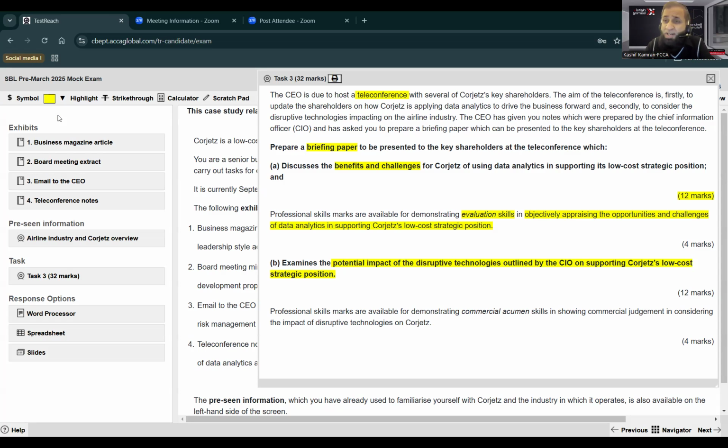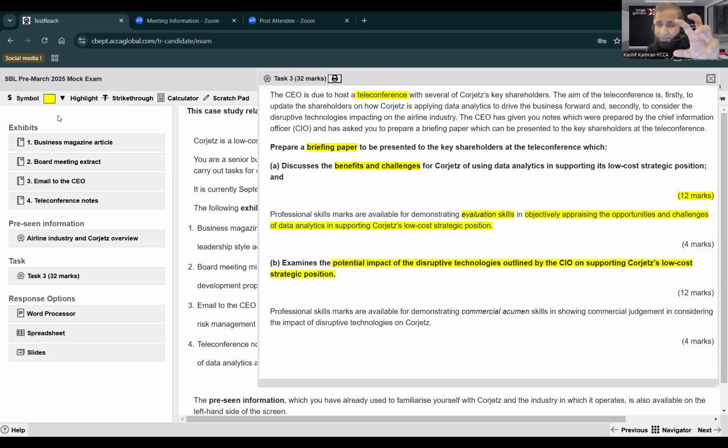Now this says potential impact. So that word is very broad. Potential impact could be both favorable or adverse. So not necessarily, we are only thinking about the negative impacts here. There could be a favorable impact. Impact is a very broad word here, right?